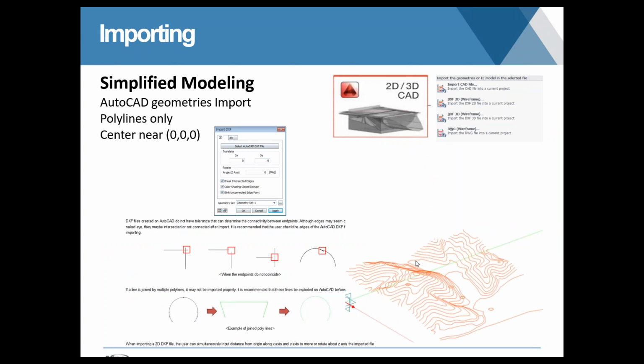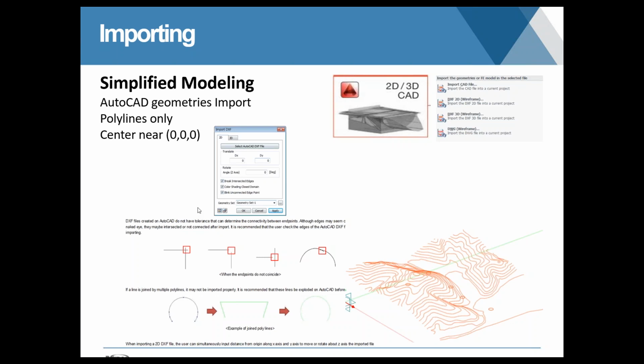One of the main strengths of our program is the ability to link up and import any kind of AutoCAD file. The most common types of AutoCAD files that we see imported would be lines or DXF or DWG files, wireframe files.